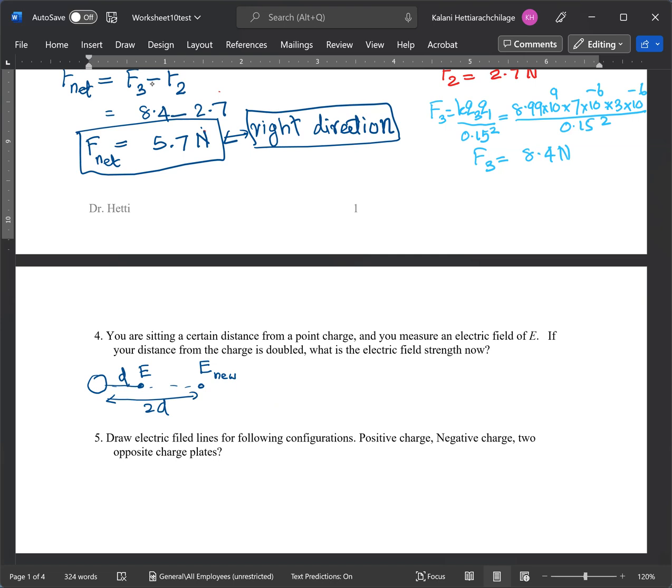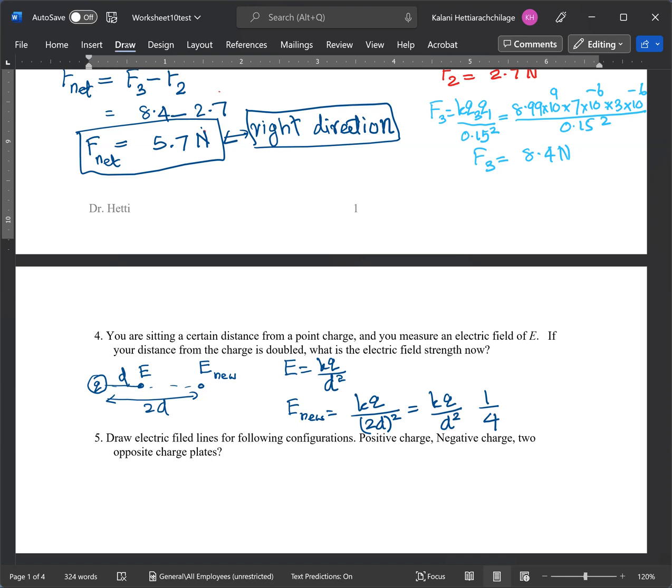So now you guys remember that the electric field depends only on this charge, right? E equals KQ over distance. In the first case, the distance is D to the power 2. And when you go to the new E, the only thing that changes is the distance, KQ over 2D to the power 2. So let's rewrite this one. We have KQ over D squared, but 2 to the power 2 will give you 1 over 4, right?